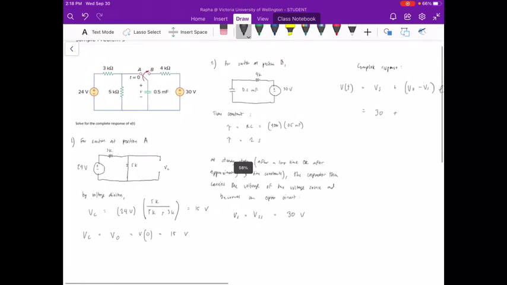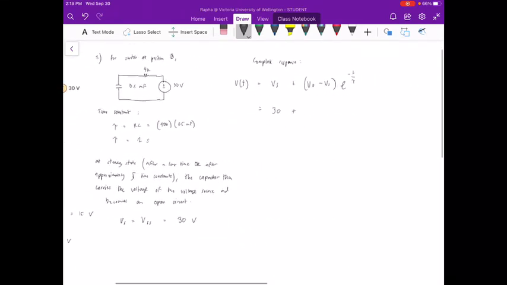We find our Vo to be 15 volts. So 15 minus 30, e to the power of negative t over 2. So our V(t), the complete response, therefore is equal to 30 minus 15 e to the power of negative 0.5t, and that is our final answer in this case.